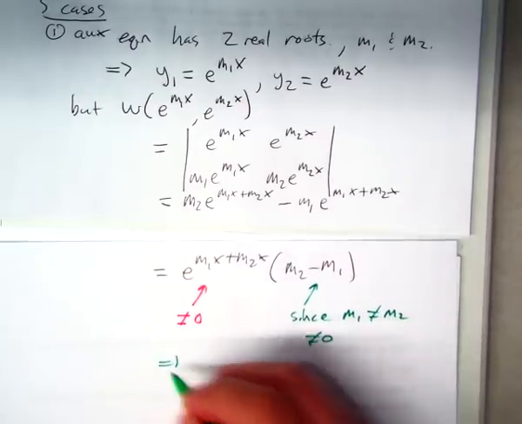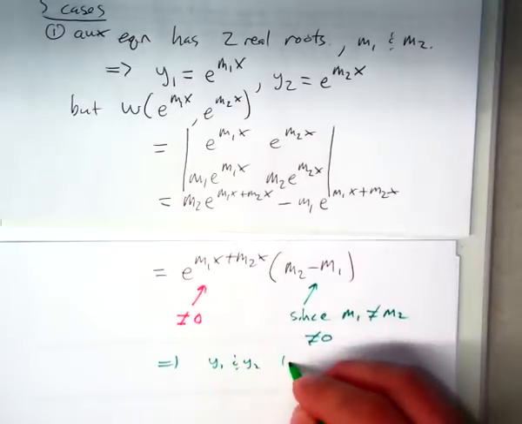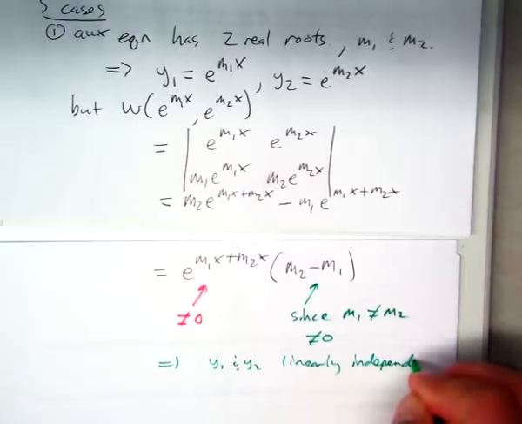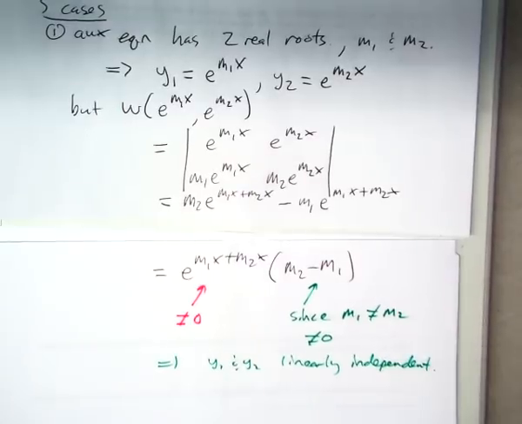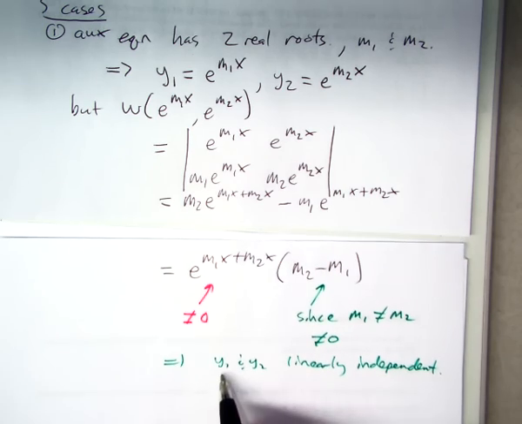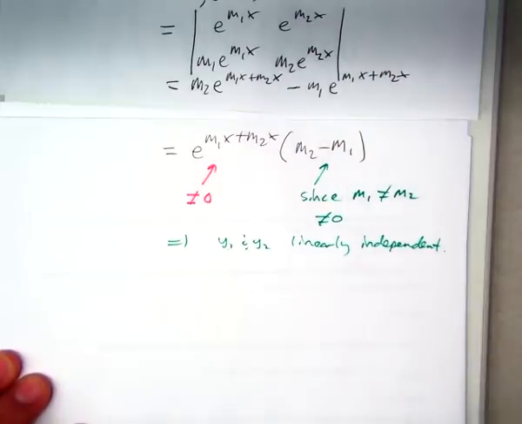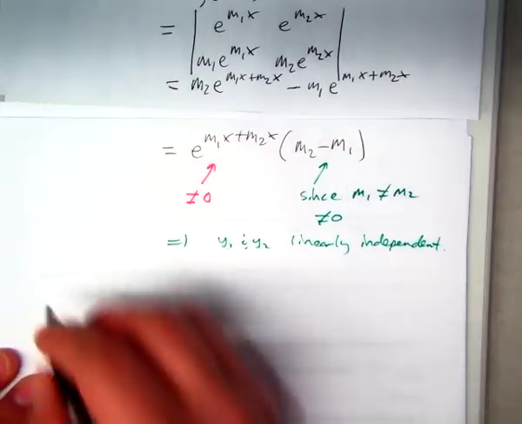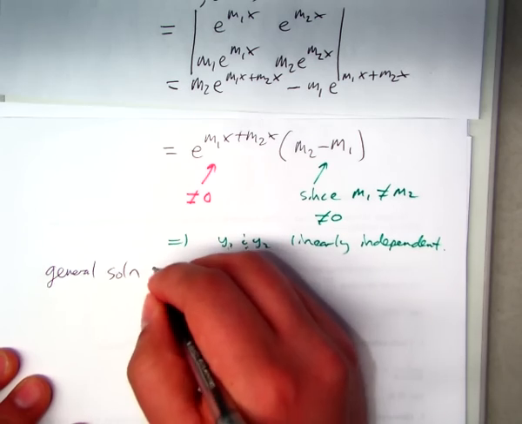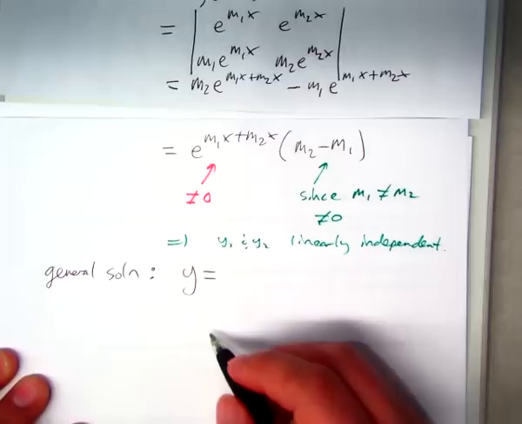Therefore, y1, y2 are linearly independent. Which means that y1 and y2 form a fundamental set, and the general solution for the differential equation would be y equal to what?